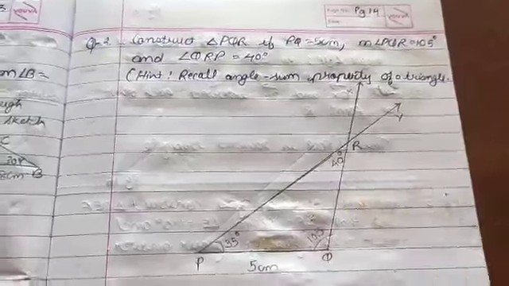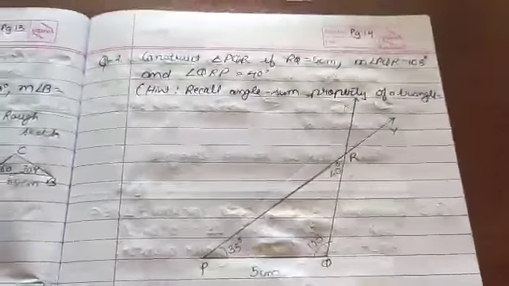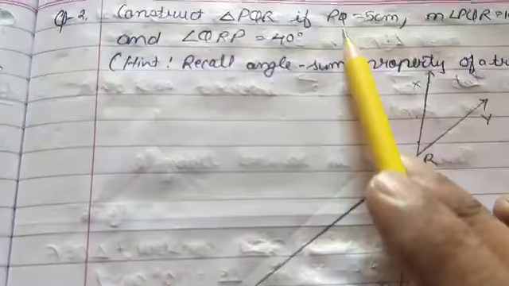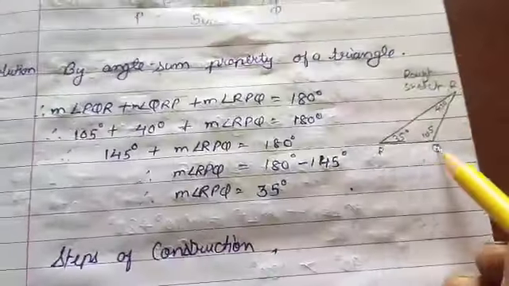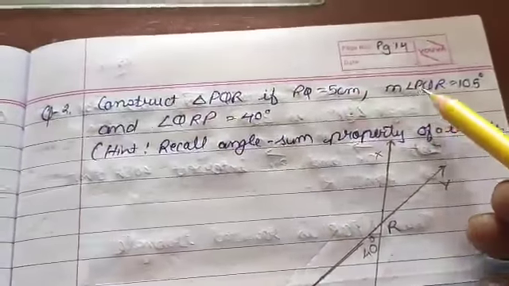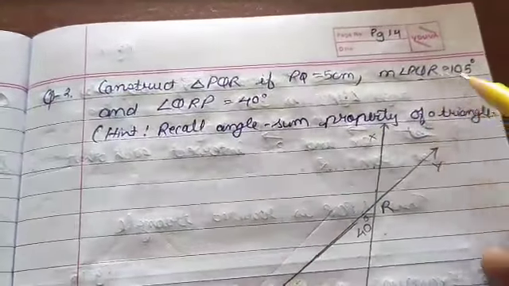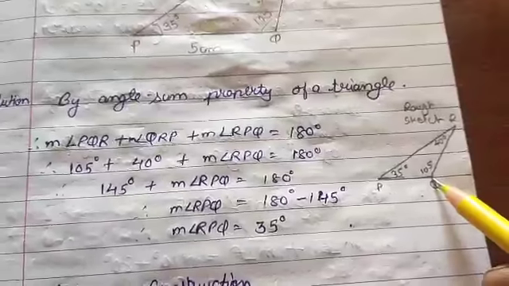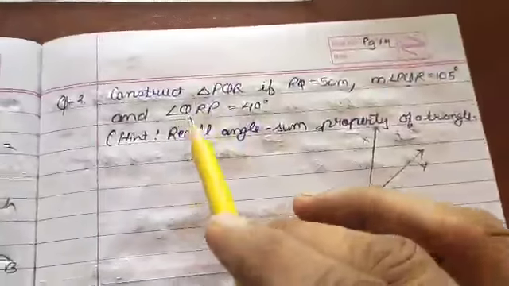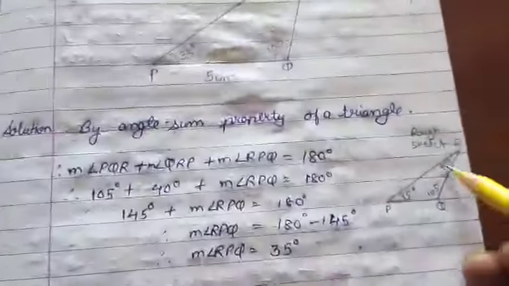Now dear student, if you observe the rough sketch here, your base is PQ. Write down the base PQ, and measure angle PQR means Q at the center, means measure angle Q is 105 degree. Then another angle QRP.